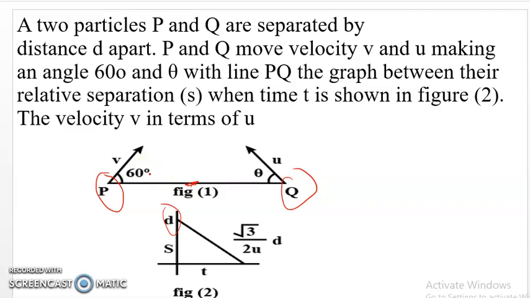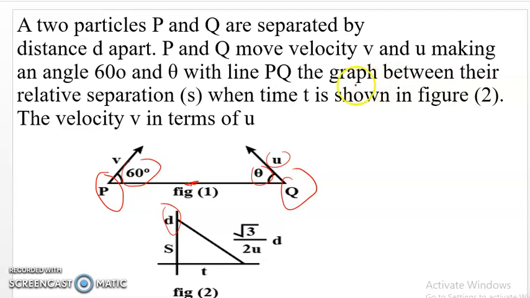P and Q move with velocities v and u, making angles of 60 degrees and theta with the line PQ. So v is making an angle of 60 degrees and u is making an angle of theta.